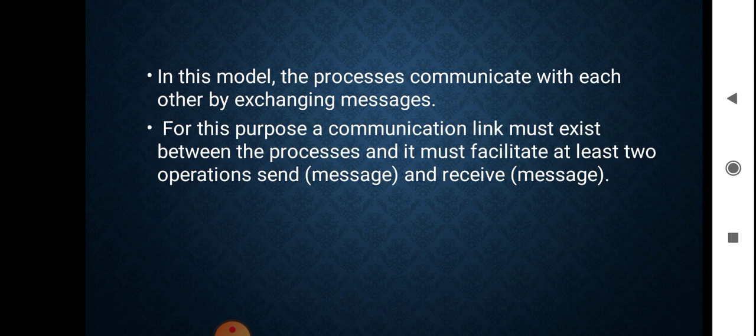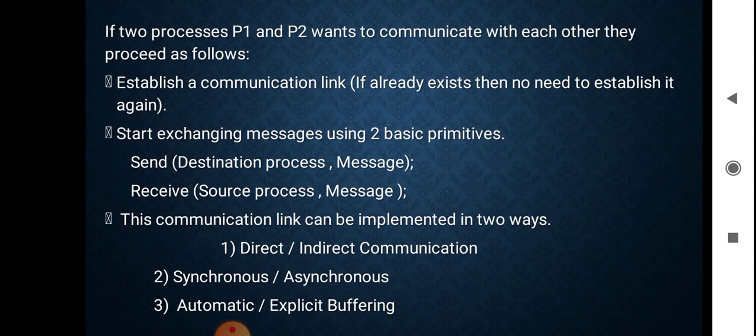This is needed even for sending the message and for receiving the message. We establish a communication link just for communicating between the two processes. If a link already exists, there is no need to establish it once again.